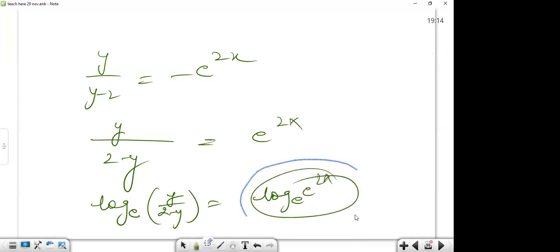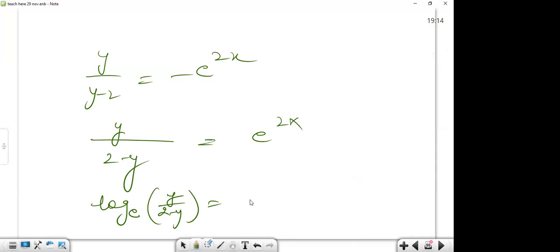So this simply becomes 2x. Do you agree, or should I explain? No, sir. I agree with it. So this becomes 2x. So the value of x now is, this 2 will go to the left hand side like this, and this goes to the power.